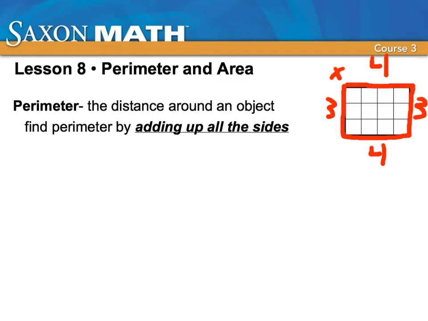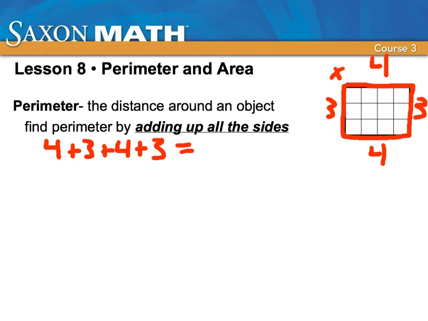So we find the perimeter, the distance around the object, telling how many squares around the object we want to walk, by adding up all the sides. We're going to take 4 plus 3 plus 4 plus 3 to find the perimeter.